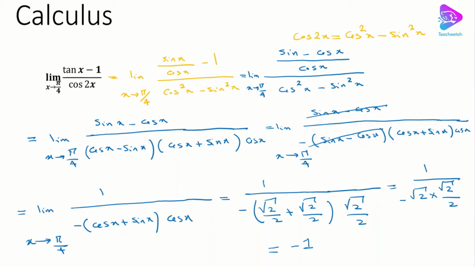Okay, let's review the steps that we had for solving this problem. We had tan of x minus 1 over cos 2x. First we plug in pi over 4, and we noticed that it is going to be 0 over 0, which is an indeterminate form. For an indeterminate form like 0 over 0, we have to use some sort of simplifications.